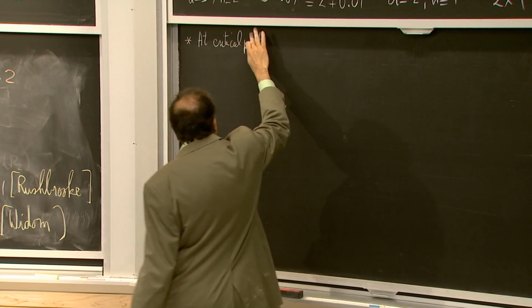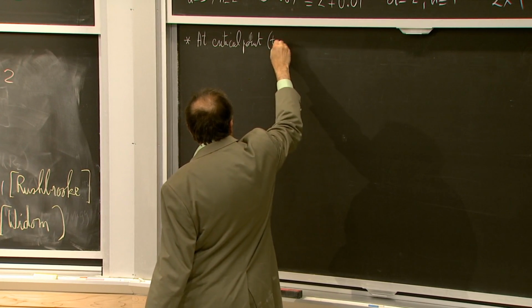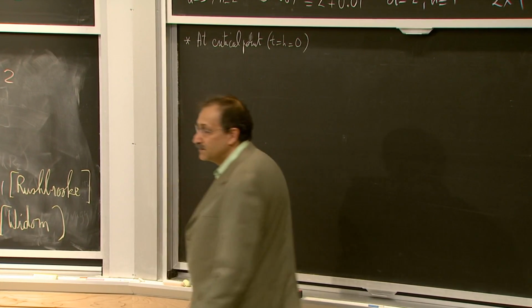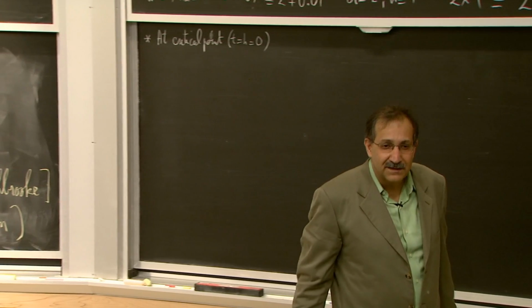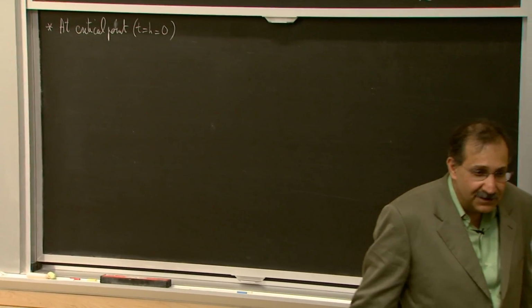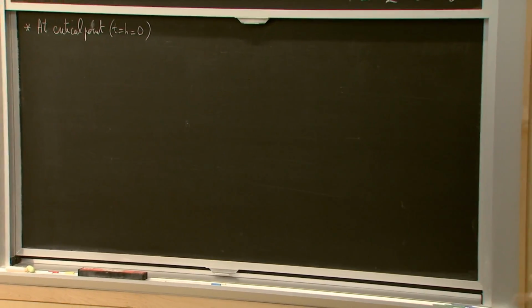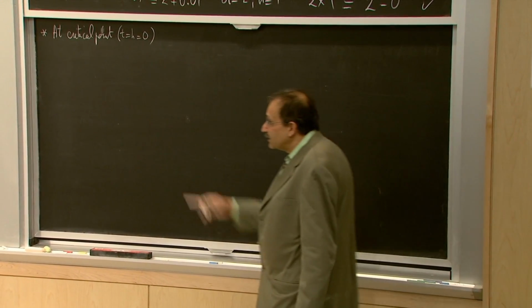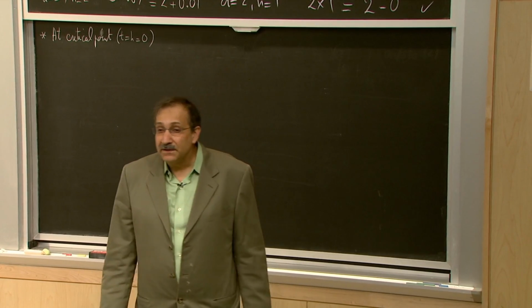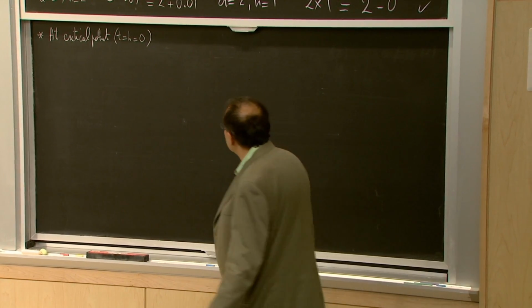So let's say you are sitting at T equals Tc and H equals 0. You have prepared your system at that point. At that point, you can look at correlations, and the exponent eta, for example, is a characteristic of those correlations.